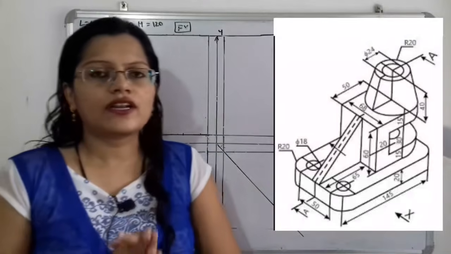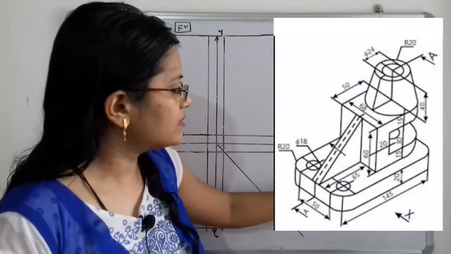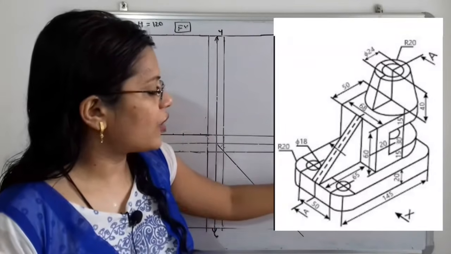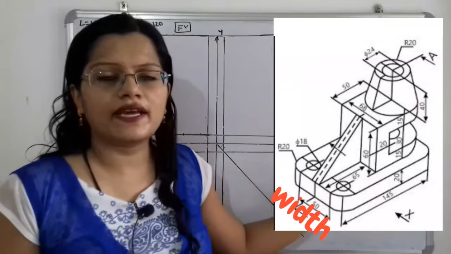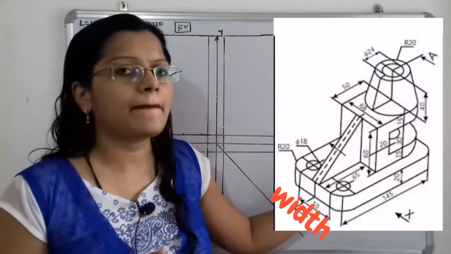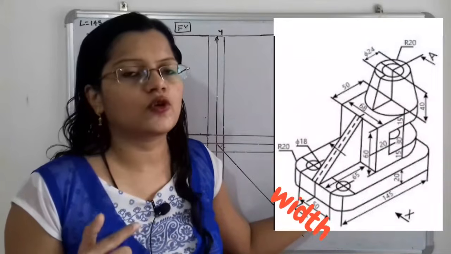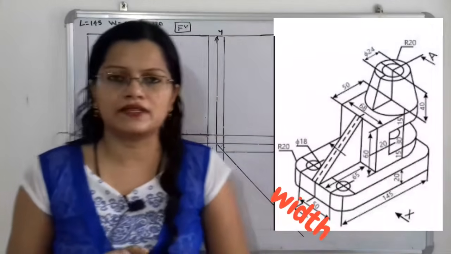Now what is the width? If we observe the width here, 50 is given, and at the two corners of the base the curvature has a radius of 20 millimeter. So 50 plus 2 times 20, the total width is 90 millimeter.